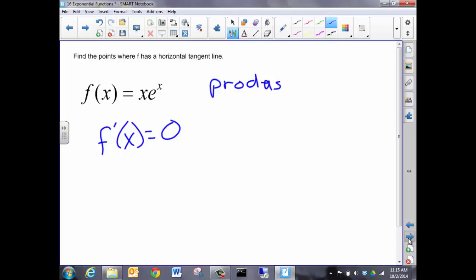That's right. We've got two things being multiplied together, x and e to the x. So the derivative is first x times the derivative of the second, e to the x, plus second, e to the x, times the derivative of the first, which is just 1, so I won't write it down. So there's my derivative.